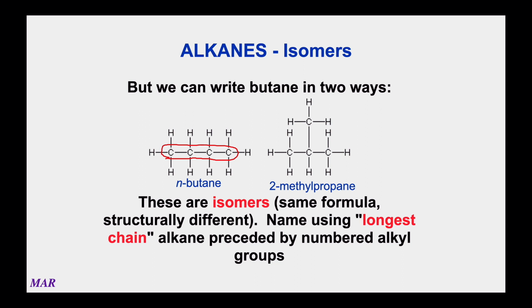So the longest chain of carbon atoms there is 4 carbons, and 4 carbons is butyl, which would be butane. That's where that comes from. If you just have carbons in a straight row, then it gets the N symbol. N stands for normal. So N-butane would be the 4 carbons in a row with hydrogens all around. N-pentane would be 5 carbons in a row with hydrogens all around.